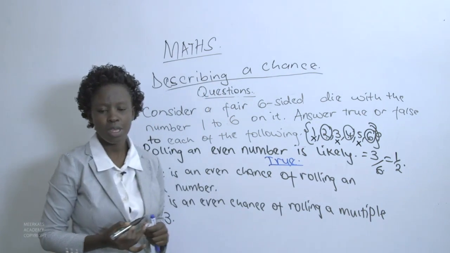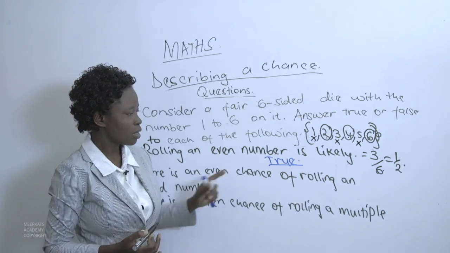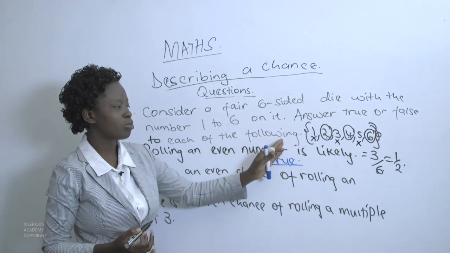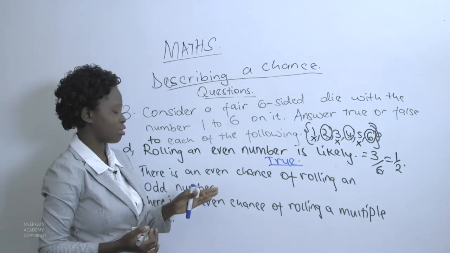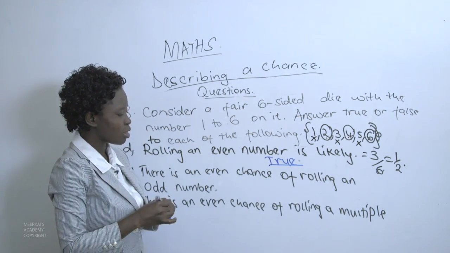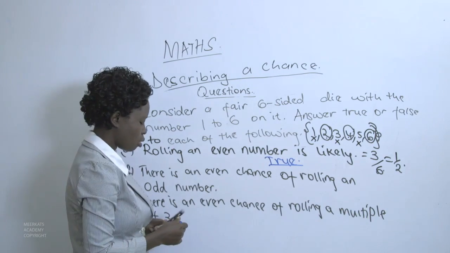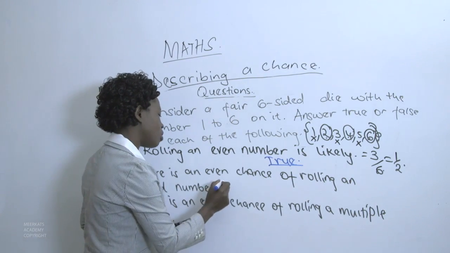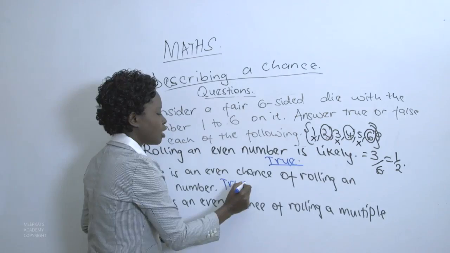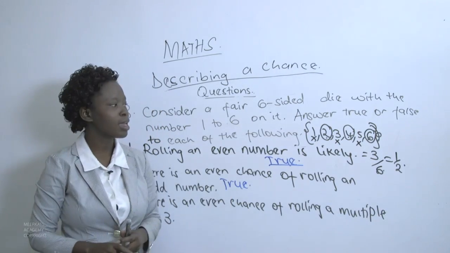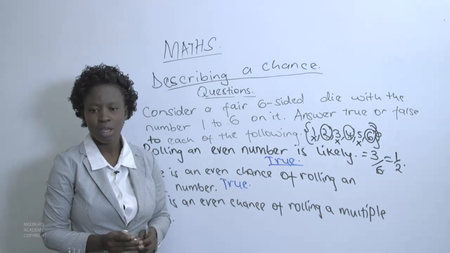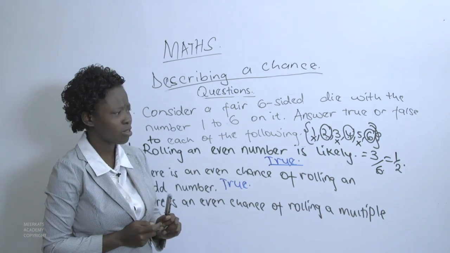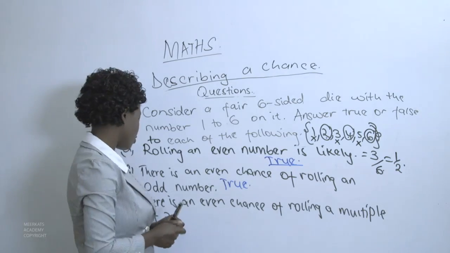Being 3 odd numbers, its probability will be the same as that of even numbers. So this statement will also be a true statement, because it is very likely that you can roll this die and get a 1. It is very likely you can roll this die and get a 3. It is very likely that you can roll this die and get a 5.